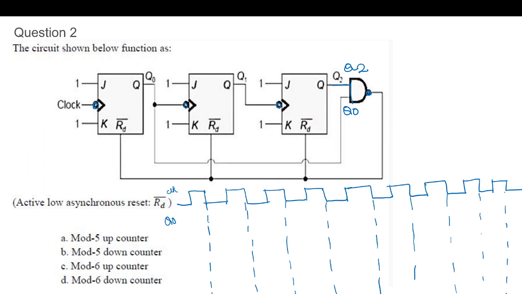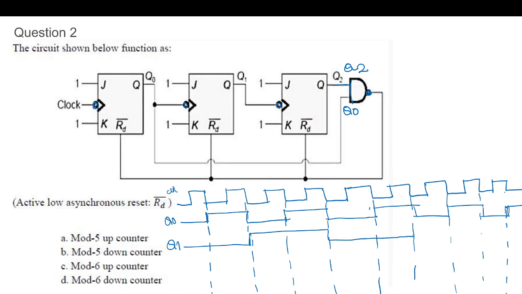Next Q0, so it will toggle at every negative edge. The next Q1, the negative edge of the first flip flop output. Q2, same way negative edge of first flip flop output.